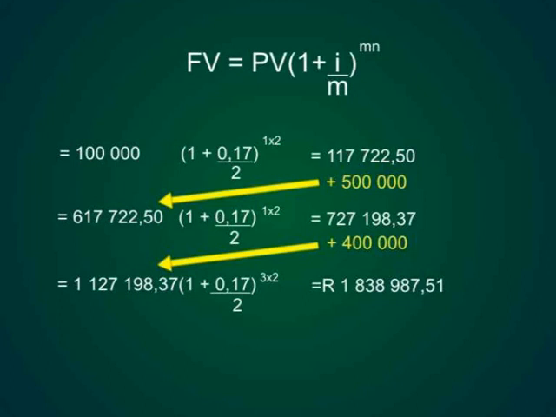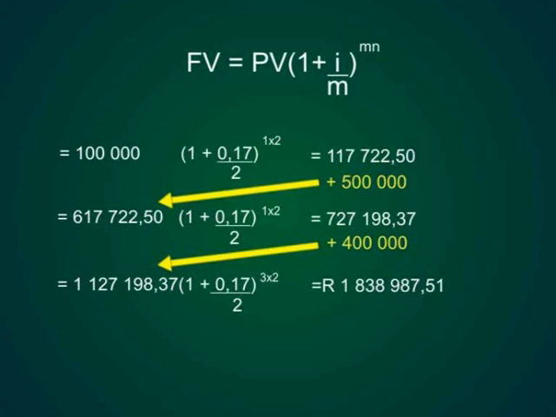So that will be 1,127,198.37 rand, open bracket, 1 plus 0.17 over 2, close bracket, to the power 3 times 2, which gives me an answer of 1,838,987.51 rand.